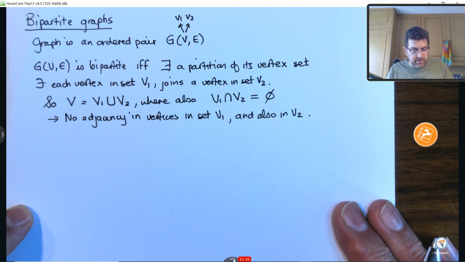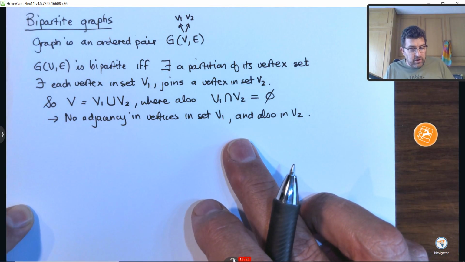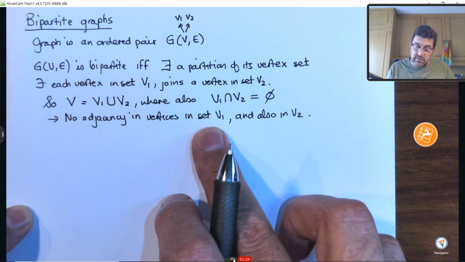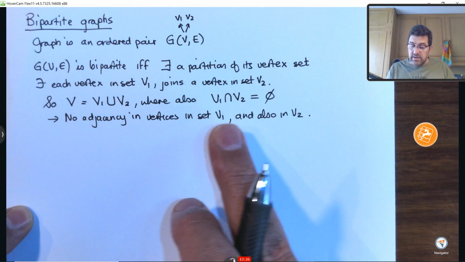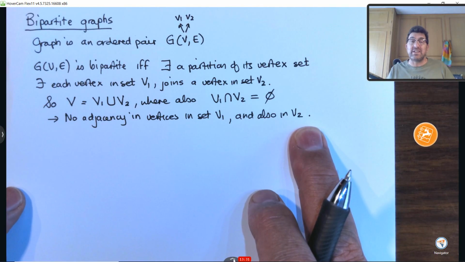That's the implication. If two vertices are adjacent, then one vertex lies in vertex set 1 and the other lies in vertex set 2. That gives you a nice and easy way to think about this.